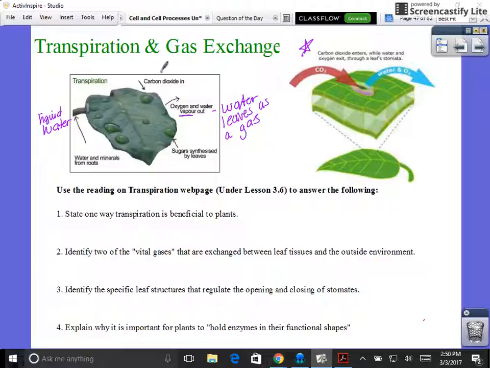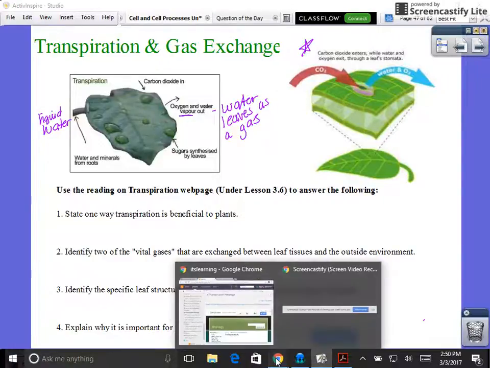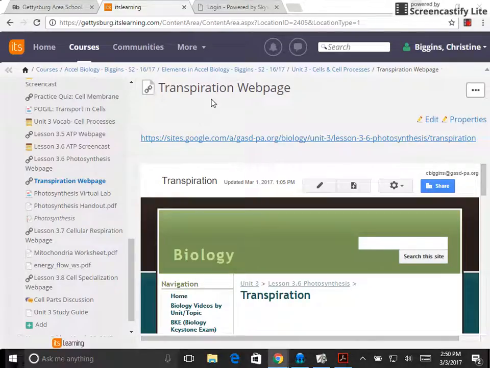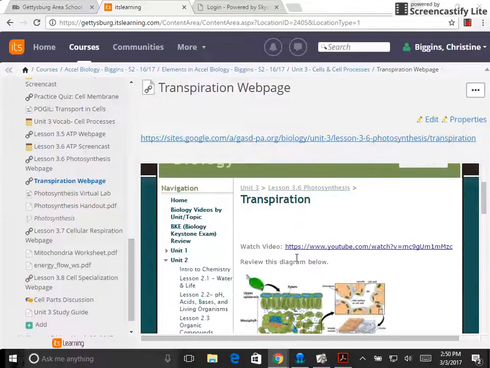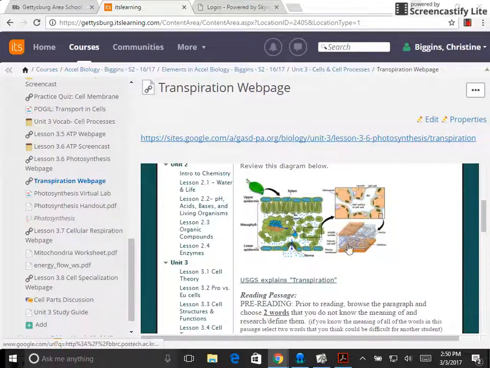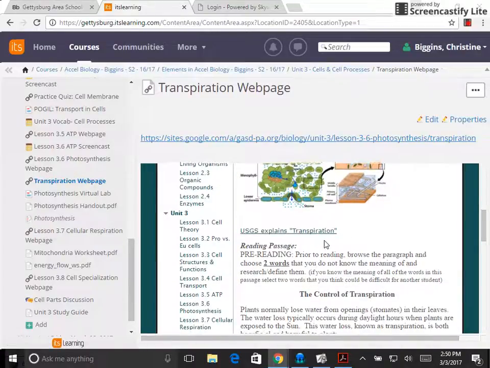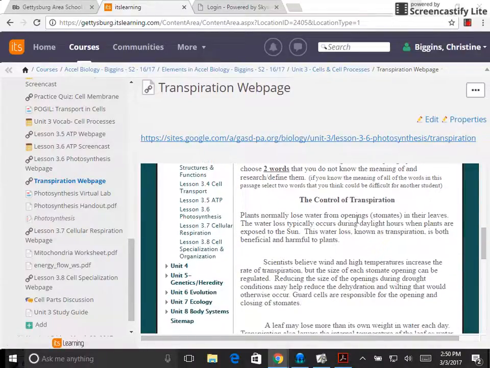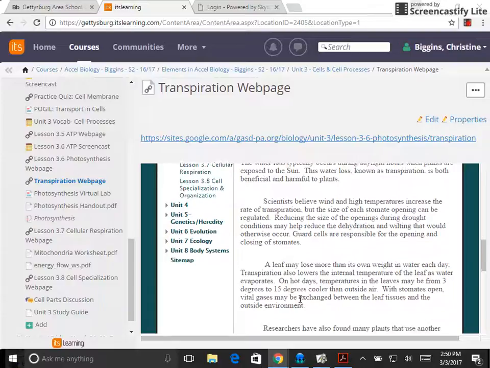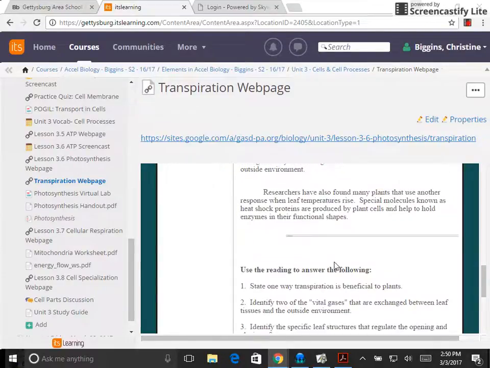Students need to read up about transpiration and gas exchange. You're going to be looking at a web page on It's Learning. It takes you to the Google site on transpiration. It has a diagram. The USGS explains transpiration in language that you should be able to understand. Even better is a paragraph that talks about what's actually happening.